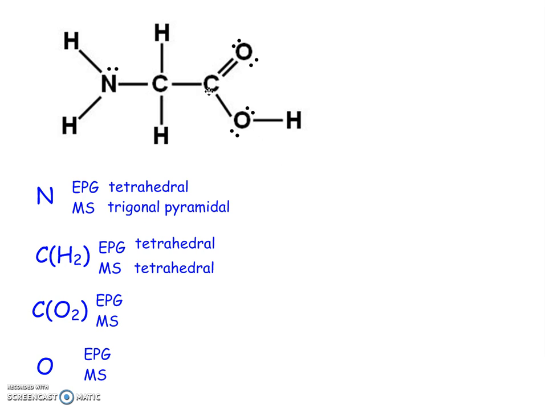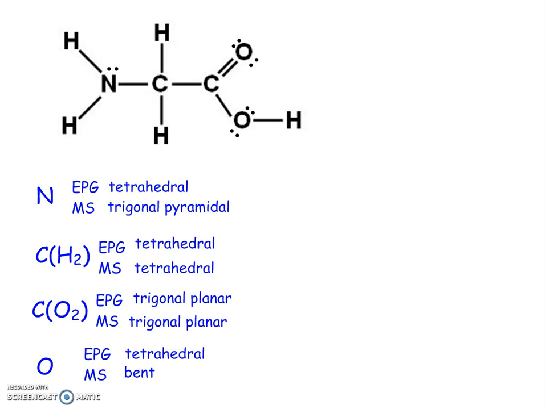The second carbon, I have 1, 2, 3 regions of high electron density, which is called trigonal planar. No lone pairs, so the molecular structure is also trigonal planar. Around this oxygen, I have 1, 2, 3, 4 regions of high electron density, which is tetrahedral, and 2 of those are lone pairs, so it is called a bent molecular structure.